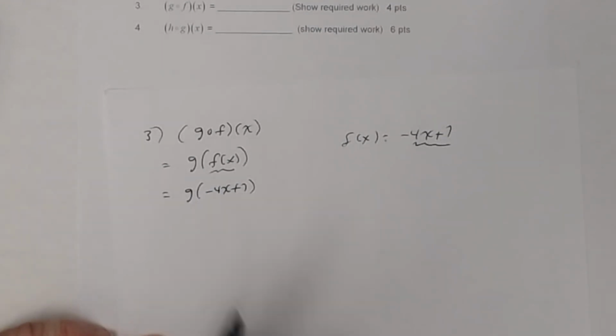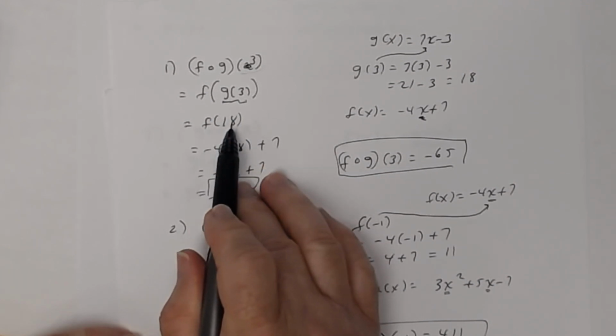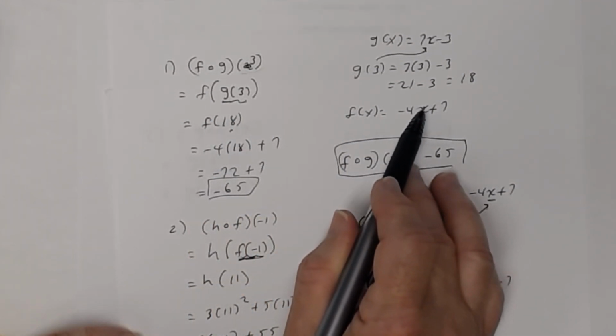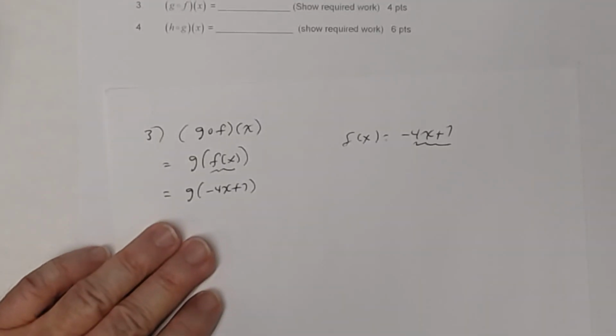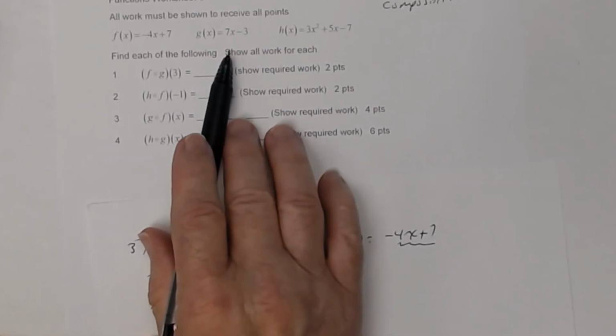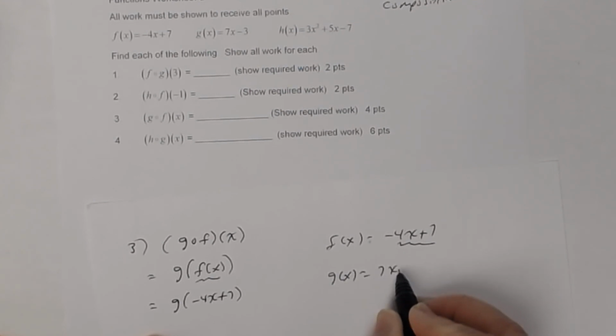Then what that means, just like when I went back here to find f of 18, I had to go to my function f, and wherever I saw the variable, I had to substitute 18. Same thing here. I'm going to go to my function g, which is 7x minus 3. So g of x is 7x minus 3.